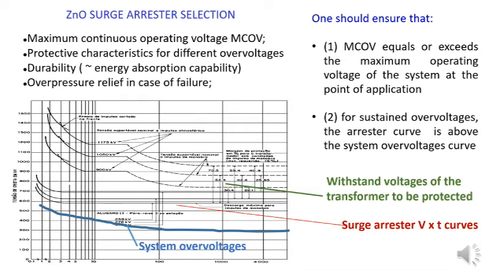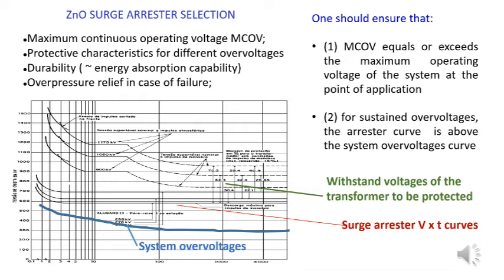We have to take care of the values of the maximum continuous operating voltage, MCOV, the protective characteristics for the different overvoltages, the protective characteristics of the surge arrestor, the durability that we need, and this is strongly associated with the surge arrestor energy absorption capability. And also we have to take care of the overpressure relief in case of failures.